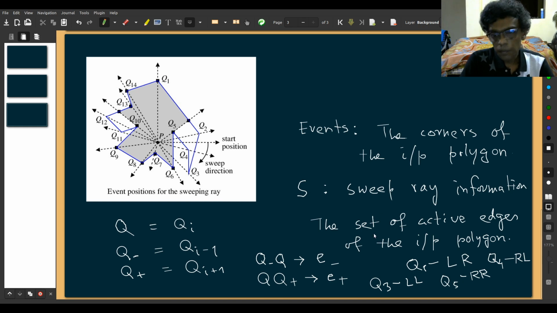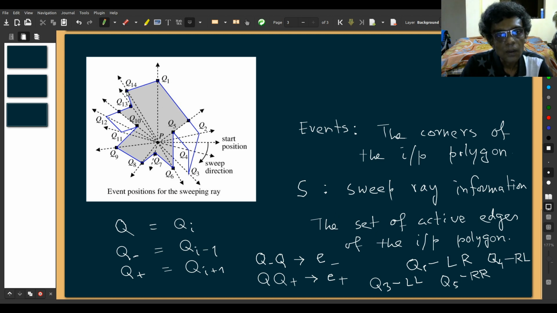So before going to handling each of these events individually, I mentioned that whenever I have L, here or here or here, it essentially implies that I am leaving some edge.